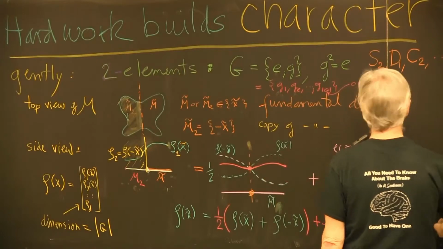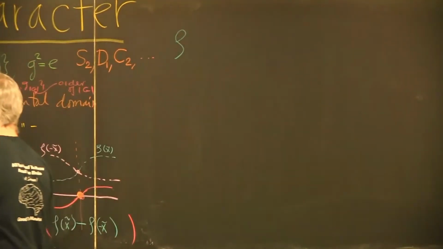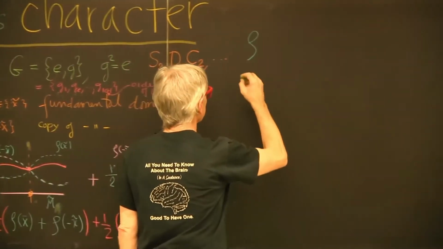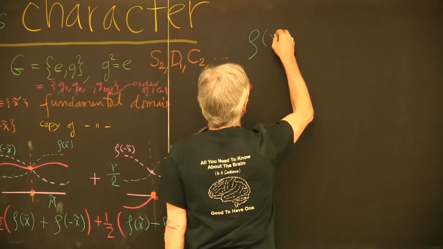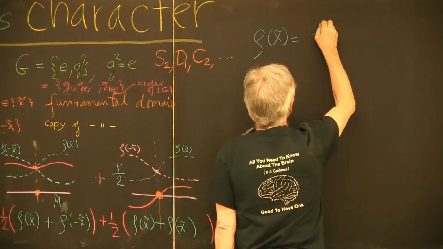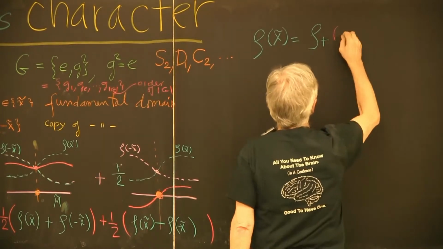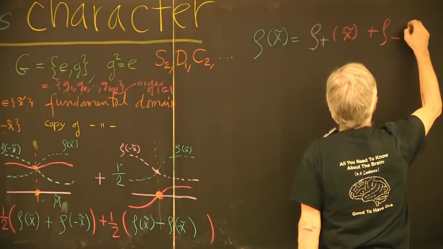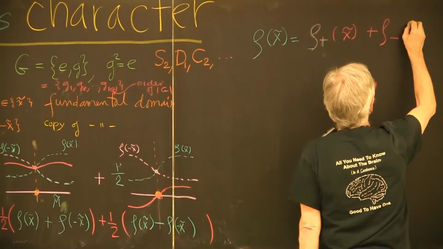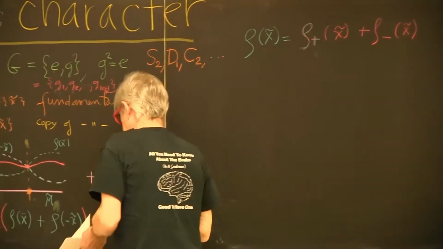So I can use a notation, and I can say I can always do a linear operation where I take my original function, x tilde, and I write it as the symmetric and antisymmetric parts, divided on the domain.